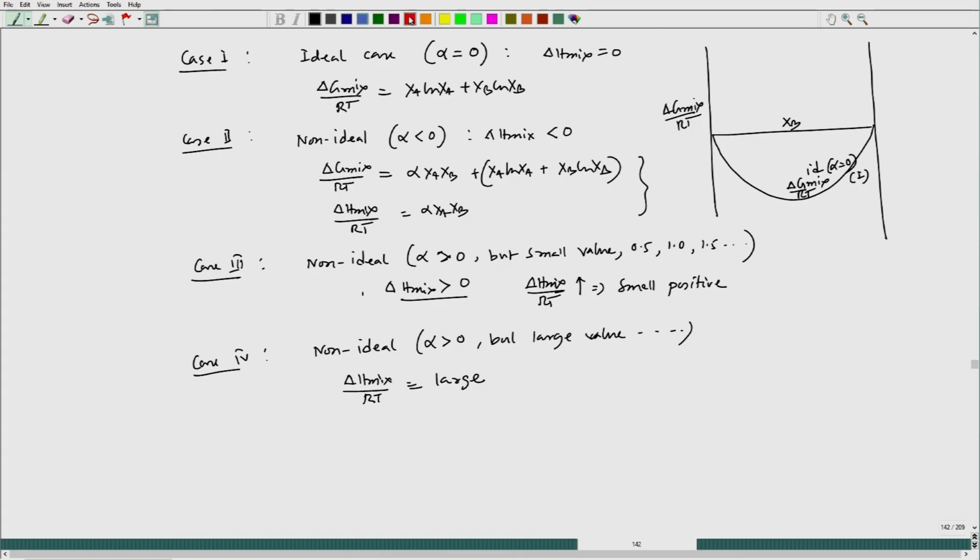Case 2 is this delta G mix, alpha let us say equal to minus 0.5. So let us say this is my delta H mix by R T when alpha equal to minus 0.5.